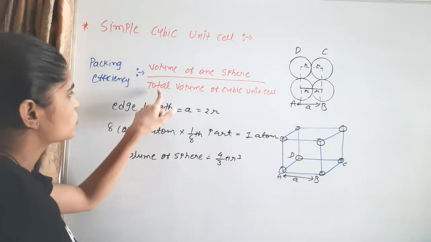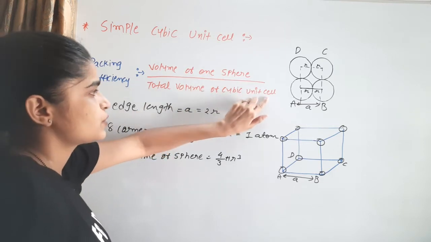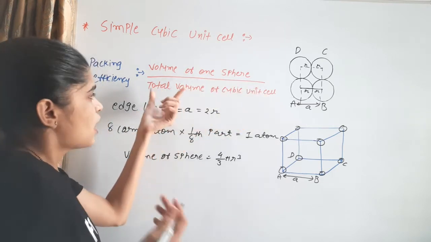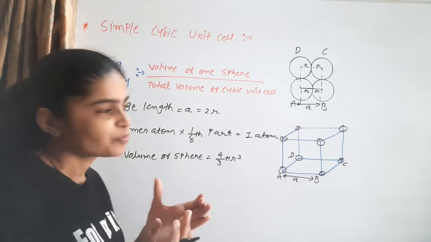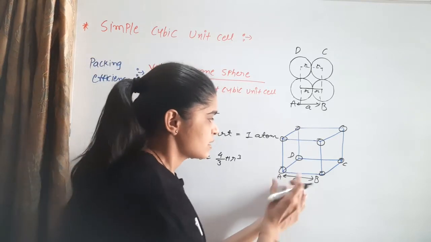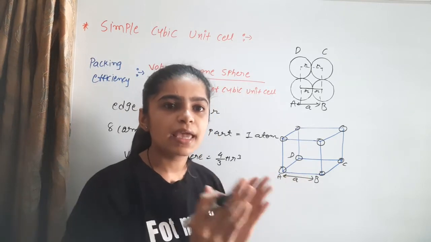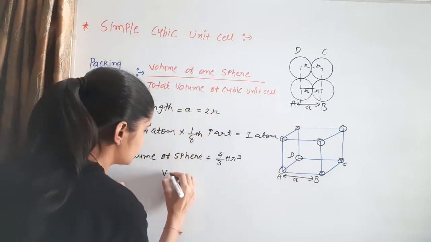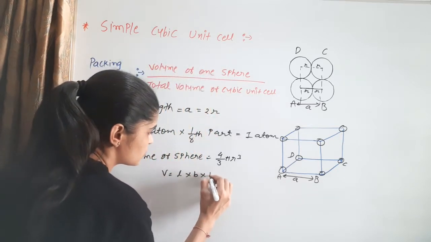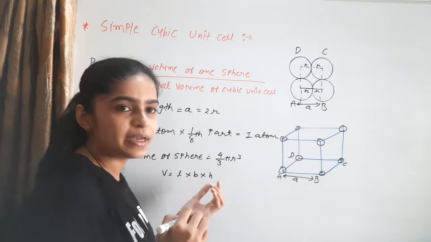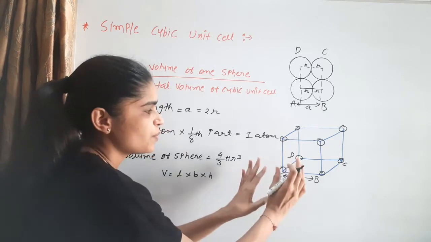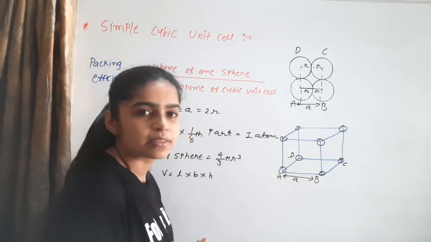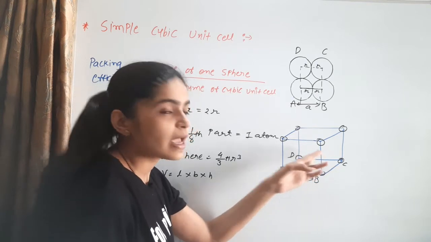Then find the total volume of the cubic unit cell. How to find the total volume? Here a is the edge length. Volume is V equal to L times B times H: length, width and height. In the cube, length, width and height are the same, so this is a.